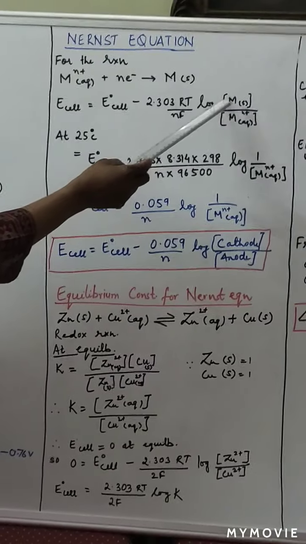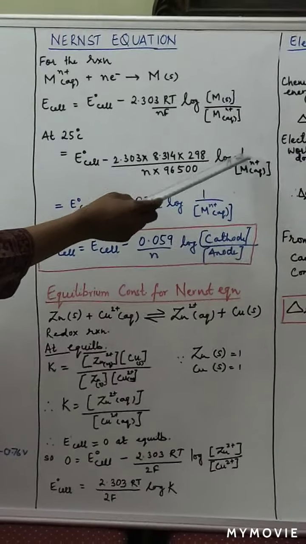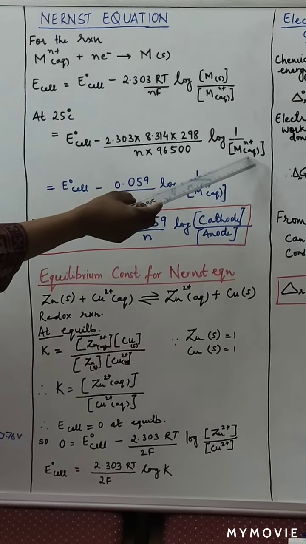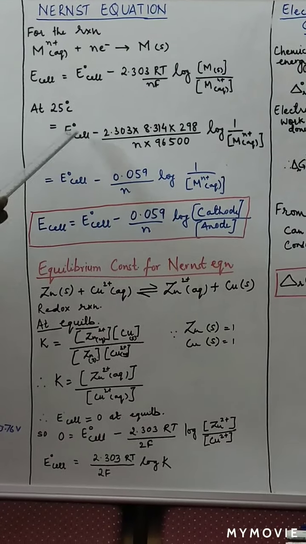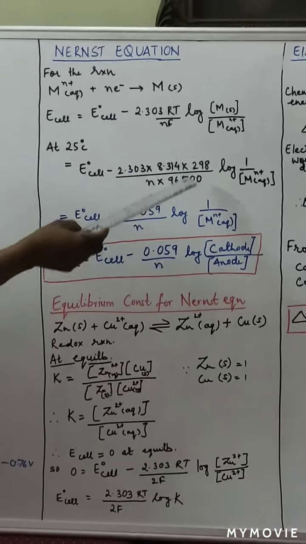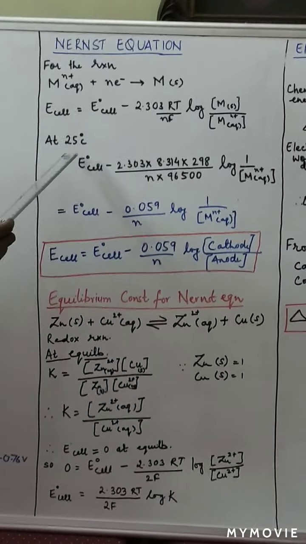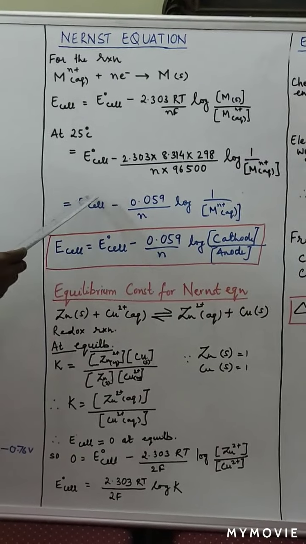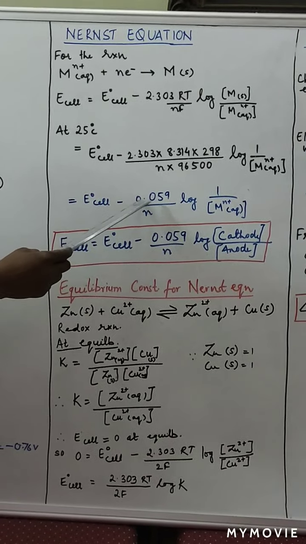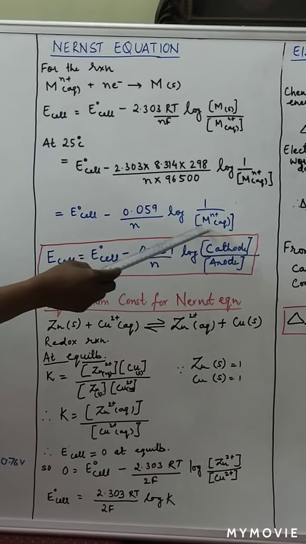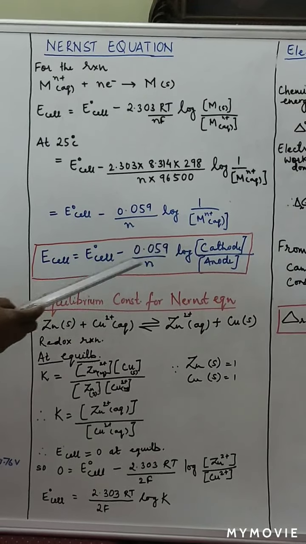Log of, now for solid substances we take the value of concentration as 1, so 1 upon Mn plus aqueous. This value, once we calculate it, comes out to be 0.059. So our E cell value becomes equal to E naught cell minus 0.059 by n log 1 upon Mn plus in aqueous.